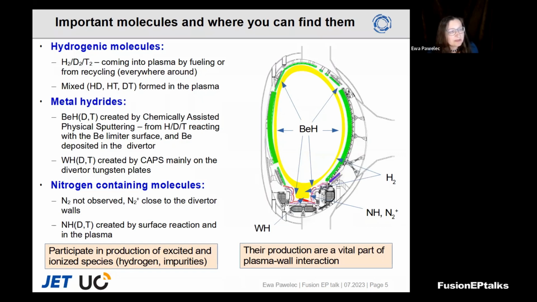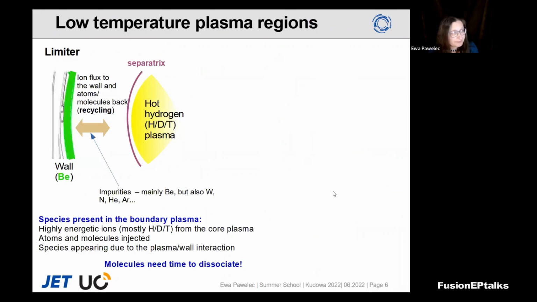And we have also nitrogen hydrides created by the surface reaction in the plasma. So they, of course, participate in the production of the excited and ionized species, atoms and ions. So this part has to be taken into account in all the modeling. And also the production is a very important part of the plasma wall interaction.